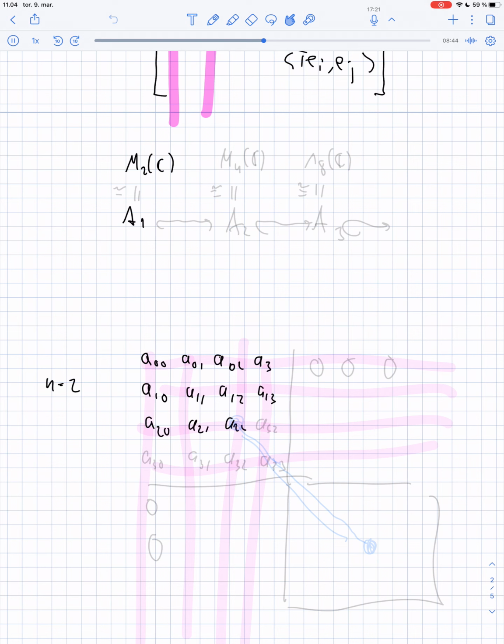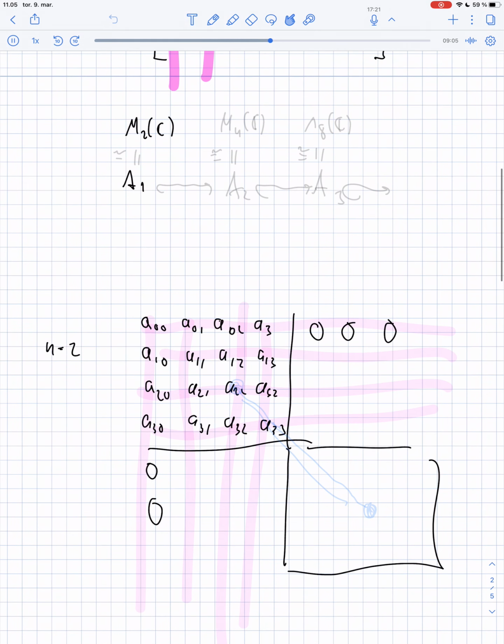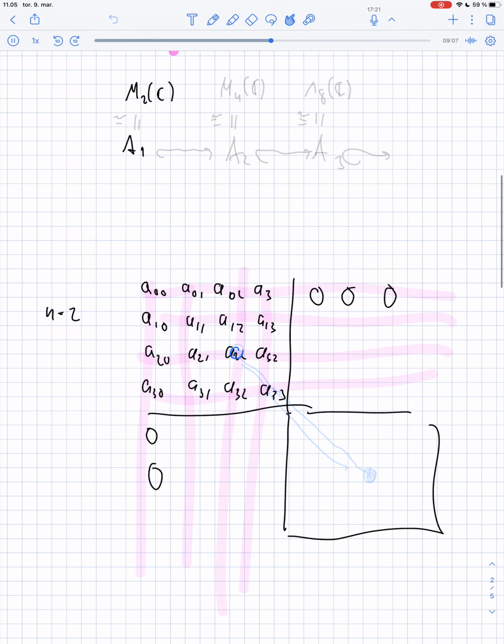A21, A22, A23, A30, A31, A32, A33, and then I will get zeros after that, and I will get this repeated again down here, because this time the repetition rule says that if I have, for instance, a number here, that's going to be the same if I go 4 across and 4 down.